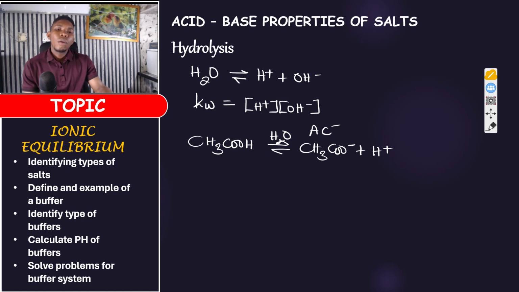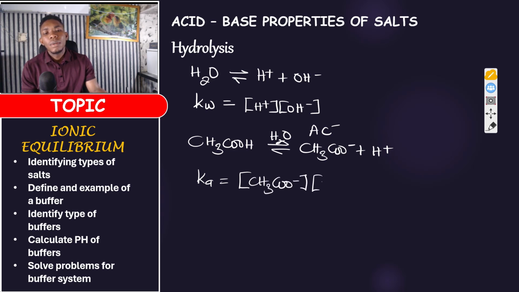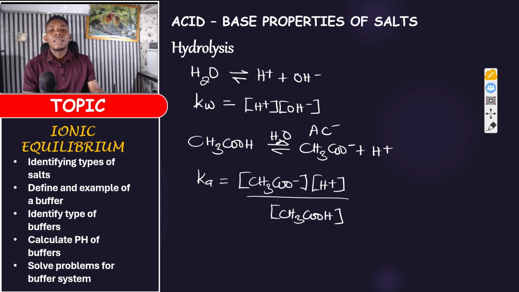All right. Now, what do you think is the acid dissociation constant for this? Ka would be the concentration of CH3COO negative, then concentration of H plus, divided by the concentration of acetic acid.